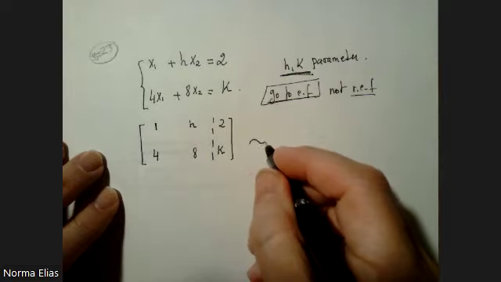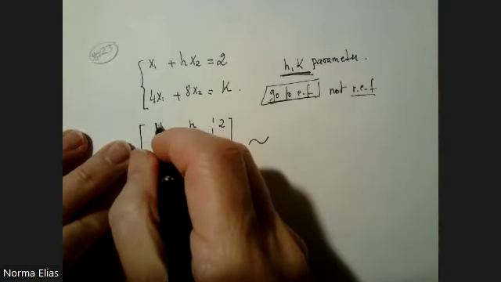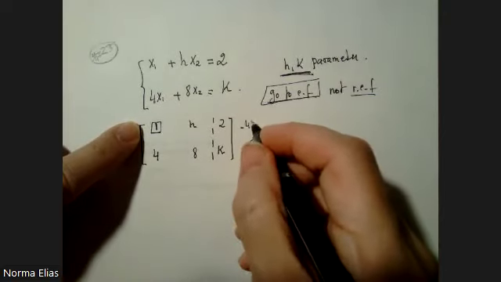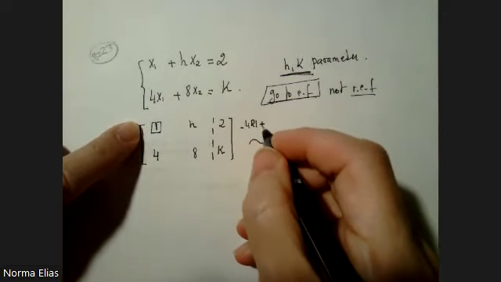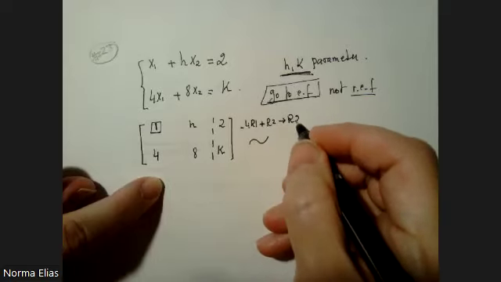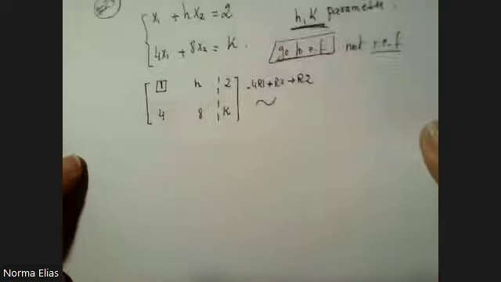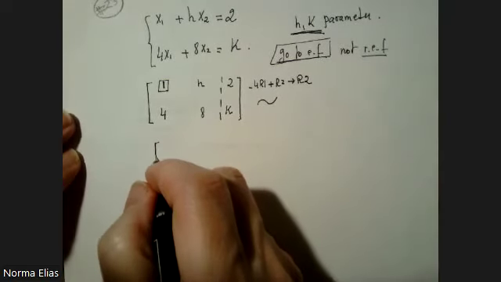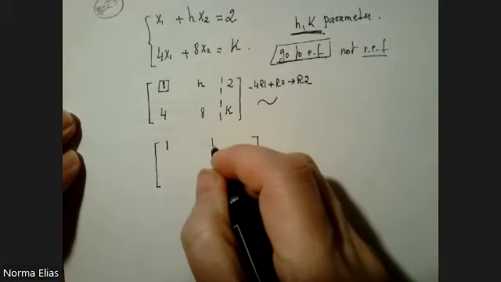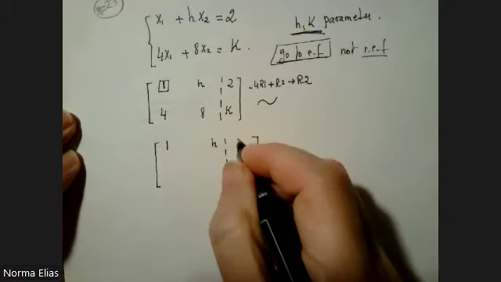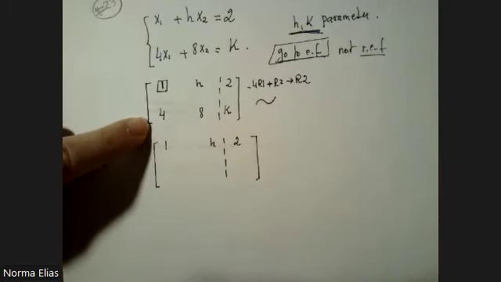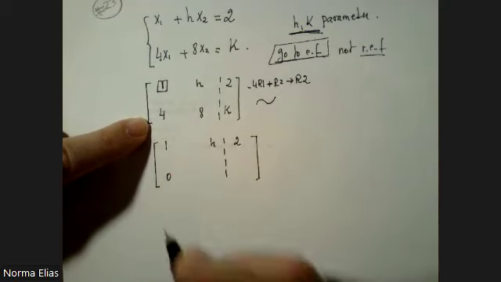Okay, so let us go to the echelon form. This is my 1. I have to multiply this row by -4, add it to row 2, and this is my new row 2. So this will be equivalent to 1, h, 2, and then -4 plus 4 is equal to 0.